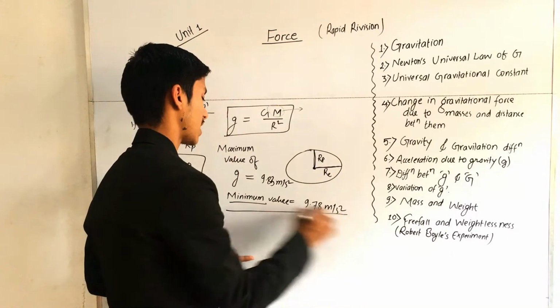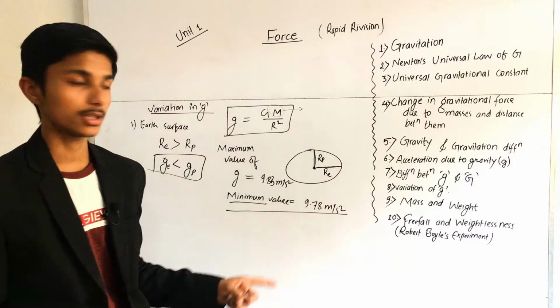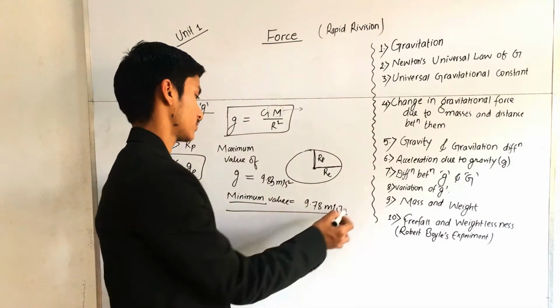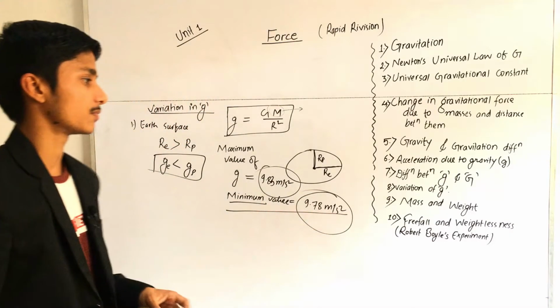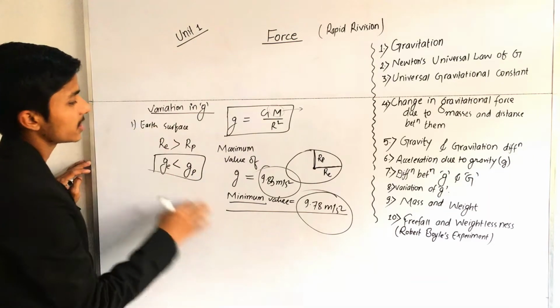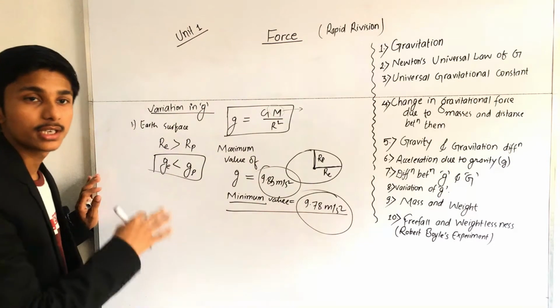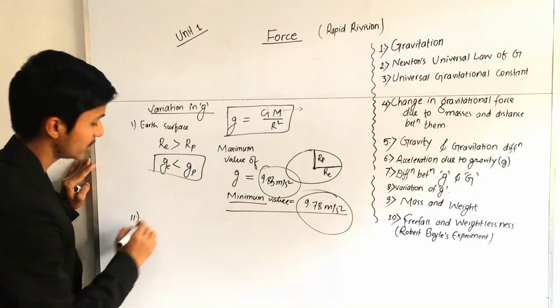This is the minimum value of acceleration due to gravity on earth at the equator. So we can see in the first case, on the earth surface the value of acceleration due to gravity gets changed. Next case we see with height.